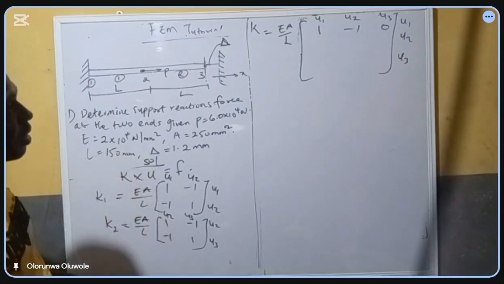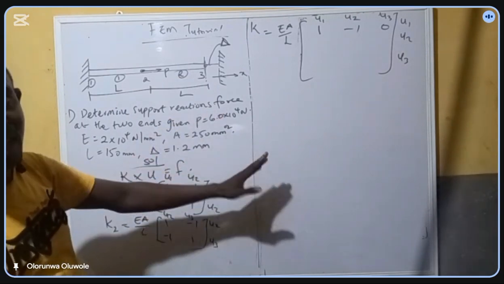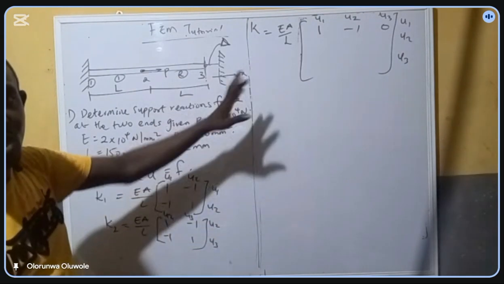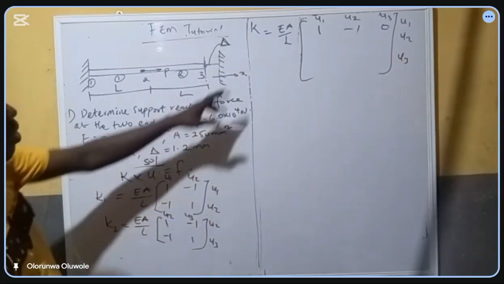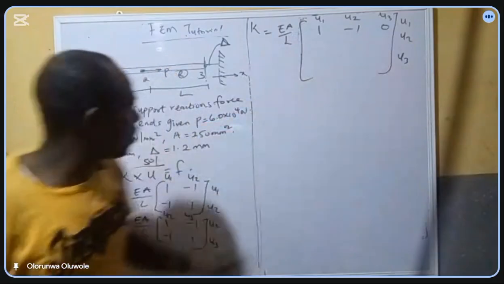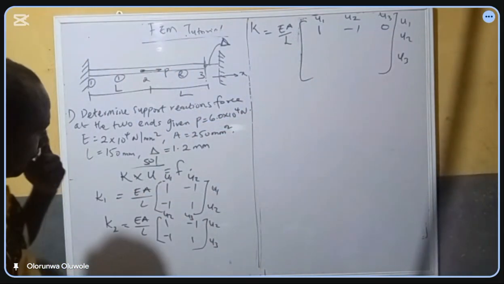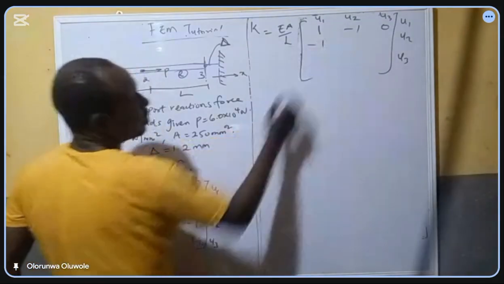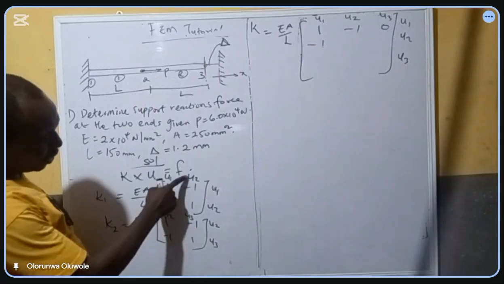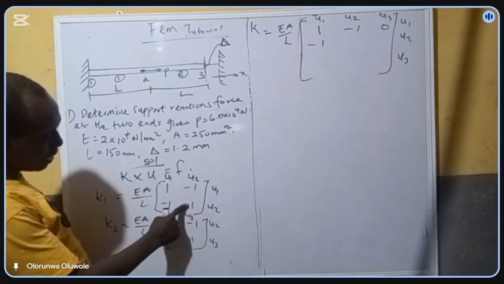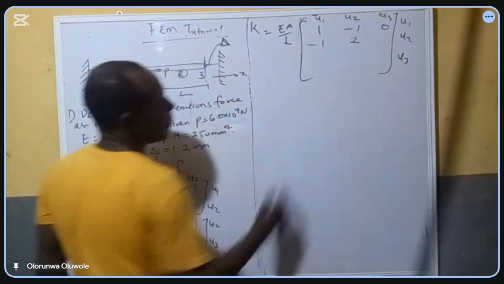Okay. This one will even help us to know more, because of the derivation we did for the bar. But with this one, we now know how to solve a question on it. So let's just solve it. My U1, U2, I have -1 here. Then U2, U2, 1 is here, that's 1 plus 1, that is 2.